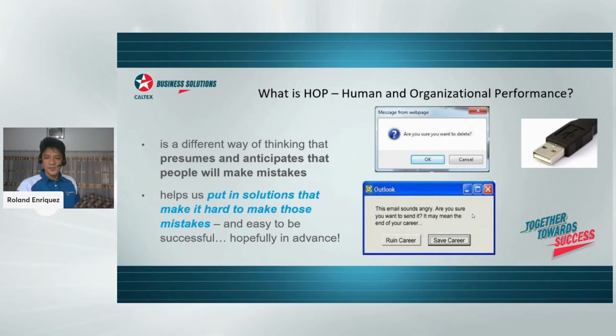Another example is a USB on the right. I know you are all very familiar with this thing, although some companies already disable the USB on laptops for virus reasons. But this is a good example of managing people who will make mistakes. So my question here is, how many times can you insert the USB correctly? One or two?